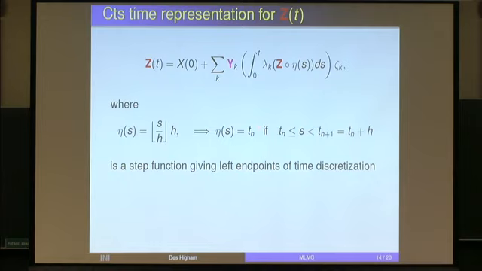Eta takes the value at the left hand of whichever interval it's in. So if you're in the interval from T_n to T_{n+1}, then eta of s just takes the left-hand value T_n. So I'm just making this into a continuous time representation along the path. That allows us then to use some of the tools of stochastic analysis that apply to continuous time processes.